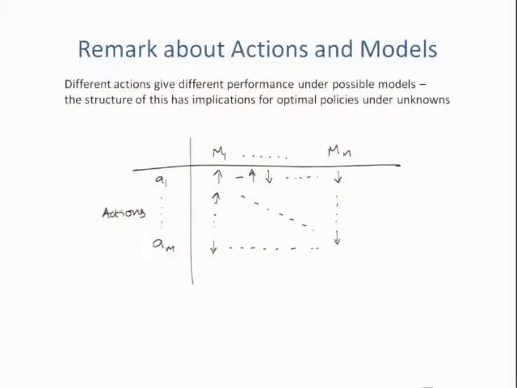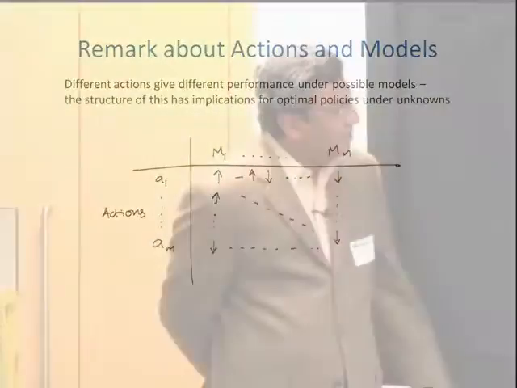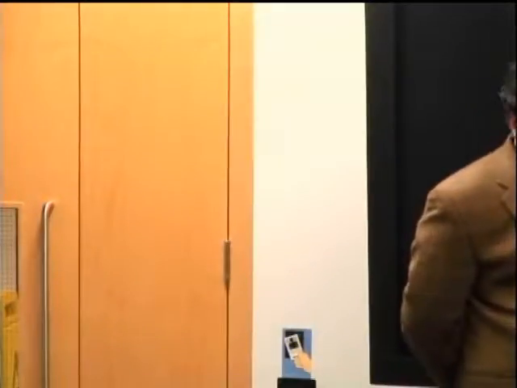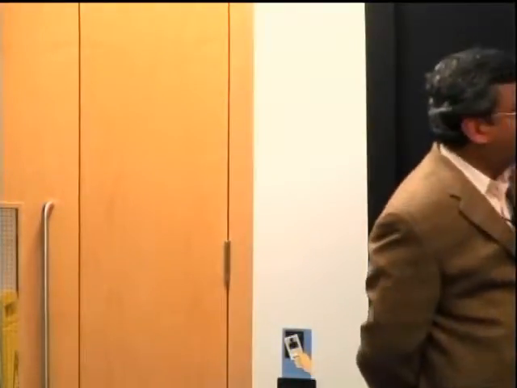The core of such an algorithm actually depends on the following observation, which is that my world is some set of models. Yeah, depending on what you assign to this other adversarial character, you could be in one of these different models. I could adopt one of some number of policies. If I adopt a policy in some model, then I'm going to get a certain kind of performance. So it may be that this policy performs well under this world, but performs badly here, and so on, right?